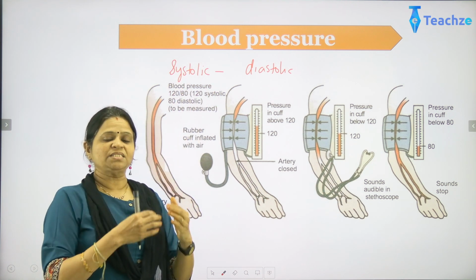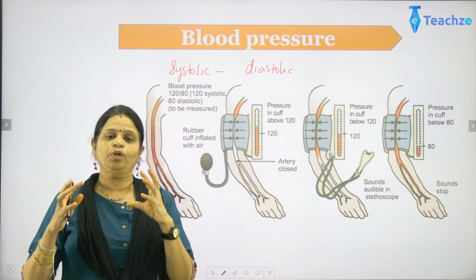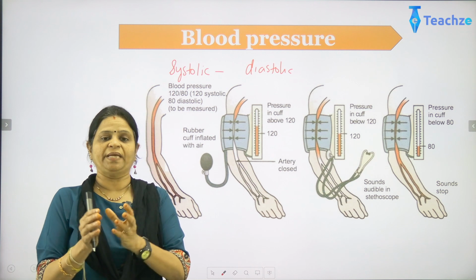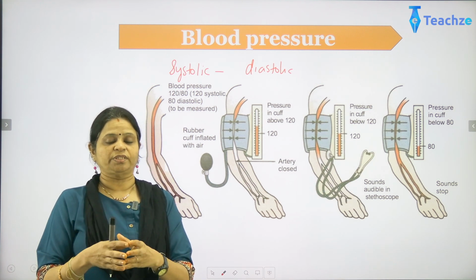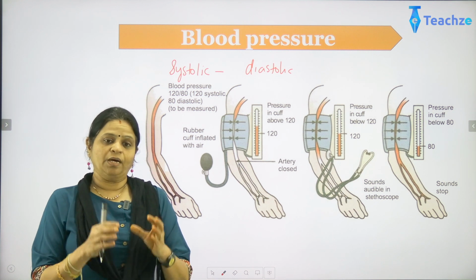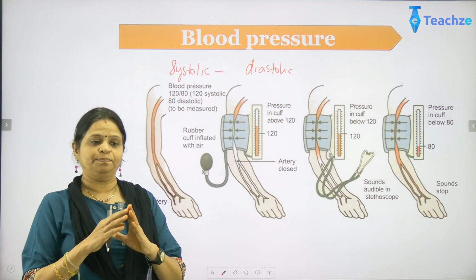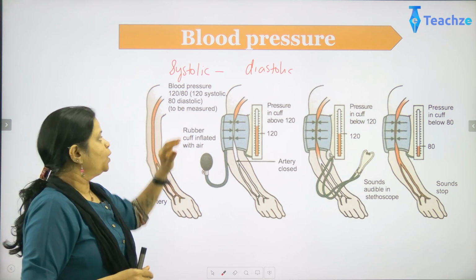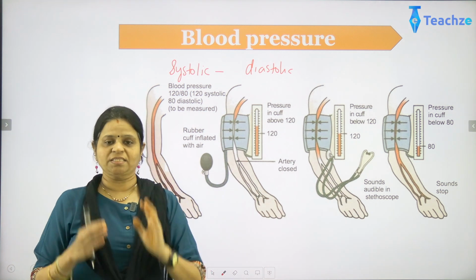When the blood is getting filled in the ventricles, the ventricles will be full of blood during a certain period of time, and there will be a pressure exerted at that point. The pressure within the ventricles when the blood is completely filling them, we call the systolic pressure. That will be at the highest level.